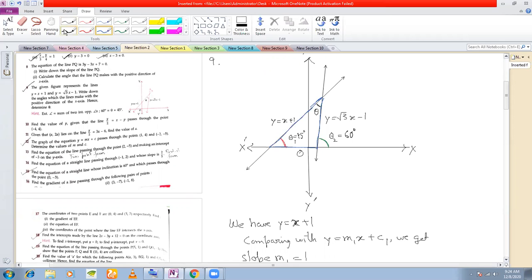Right or wrong? Because theta 2 is the exterior angle of a triangle, and theta and theta 1 are the two interior opposite angles. We can write theta 2 is equal to theta plus theta 1. And therefore, since you know theta 2 and theta 1, you can determine theta.